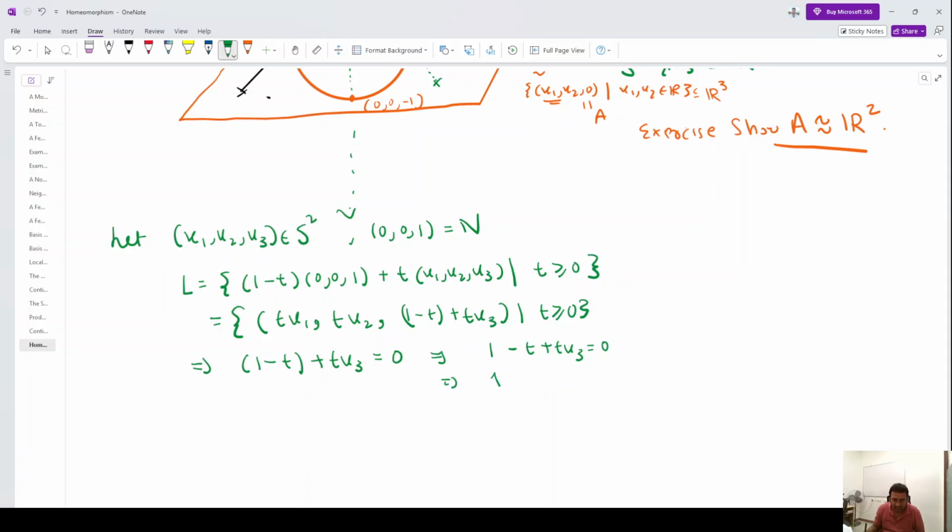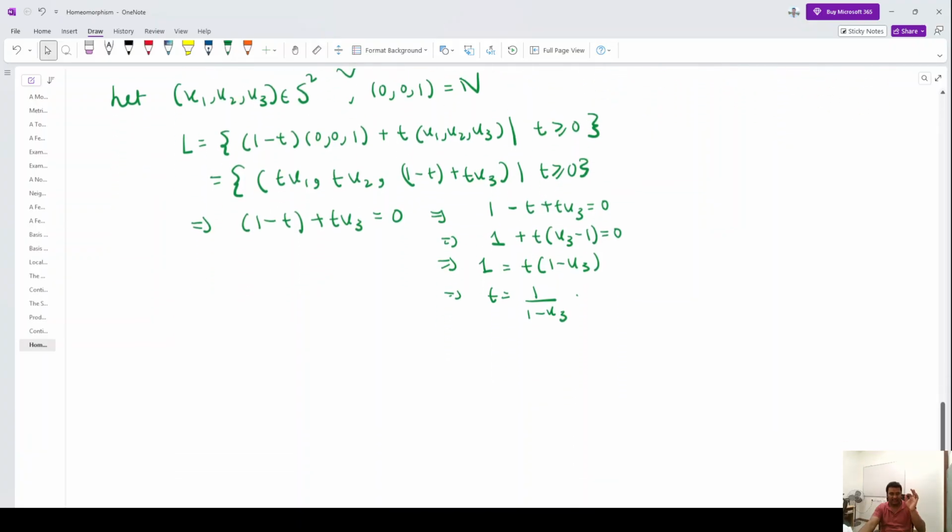So let's take t common: 1 equals t times (1 minus x3). What is your t? This implies t is equal to 1 divided by 1 minus x3. Is it fine, guys? So that's how your t should be.